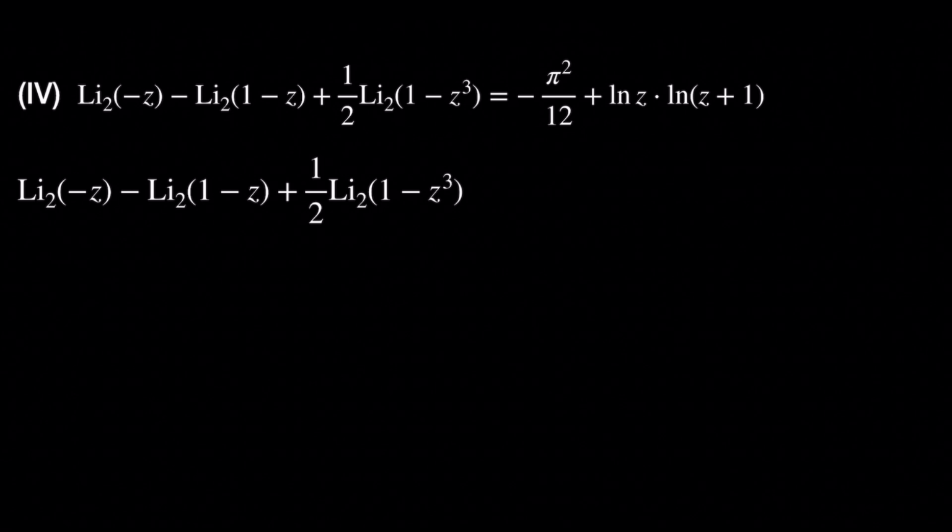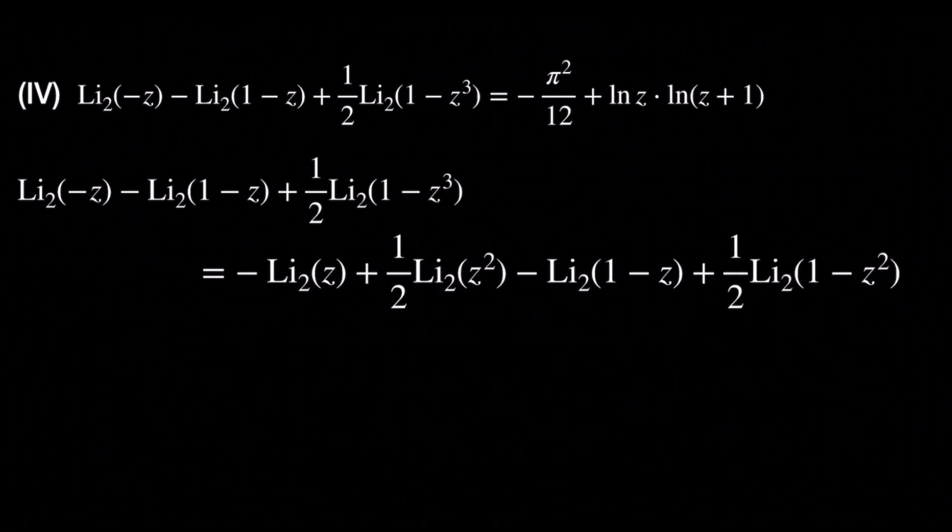Using the first identity, we can express Li2 of negative z in terms of Li2 of z and Li2 of z squared. So, and everything else is going to be unchanged. So Li2 of negative z is simply negative Li2 of z plus 1/2 of Li2 of z squared.